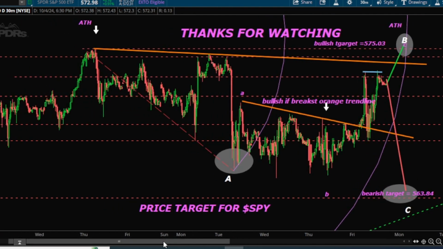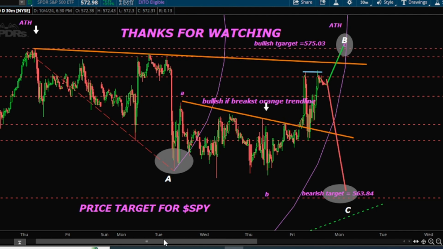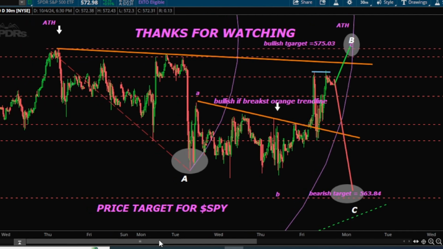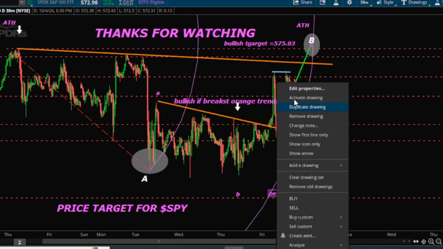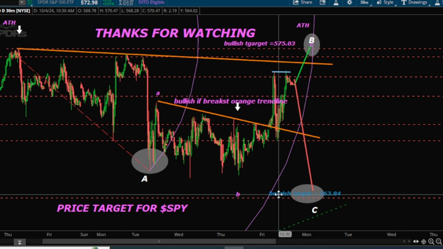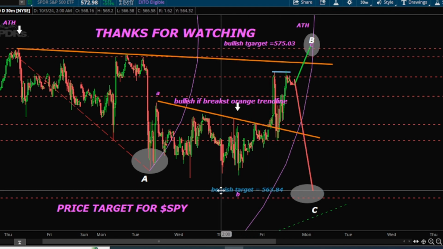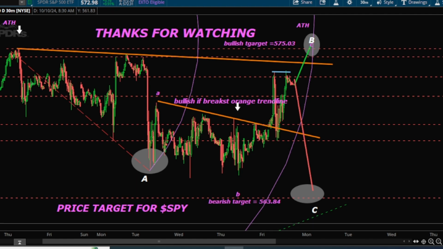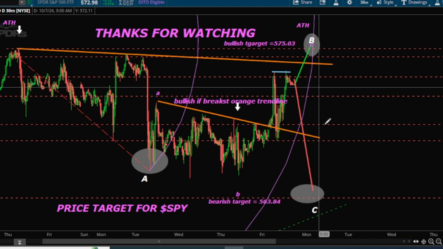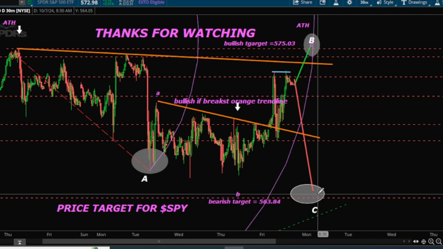But right now, it's following the 3-wave internals for these waves. So A, B, down for C, and then that'll make a bigger wave A, and so we'll be looking for a bigger wave B then. But until then, we are working on a smaller wave, finishing the smaller wave B, working on the smaller wave C down.